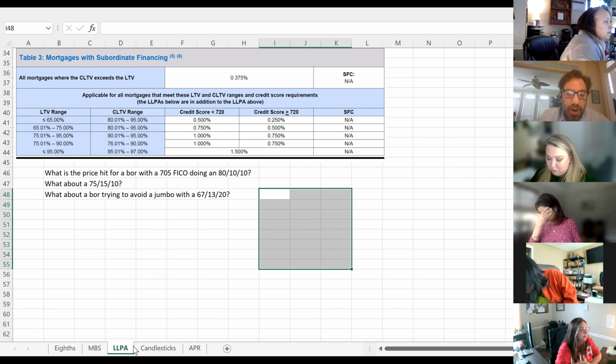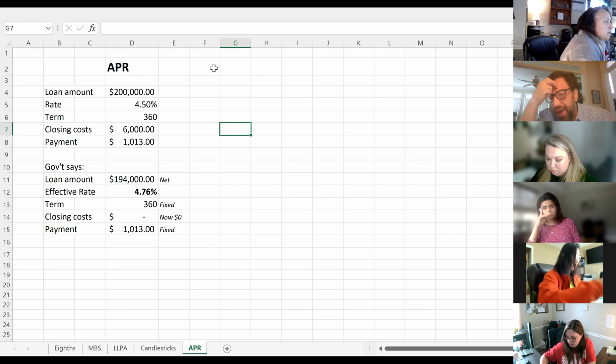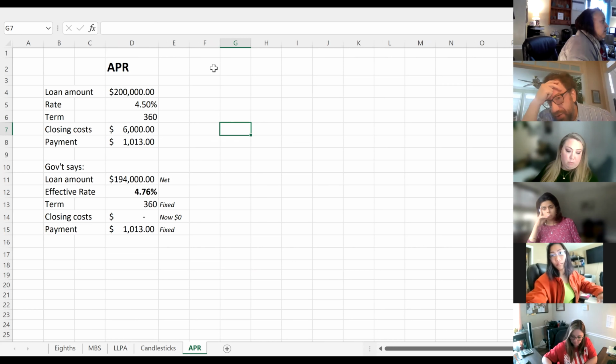One more thing about finance, and that's APR, because we had a little bit of a discussion about this. It seems like the APR is always higher, right? Stephanie, do you know why APR is always higher?